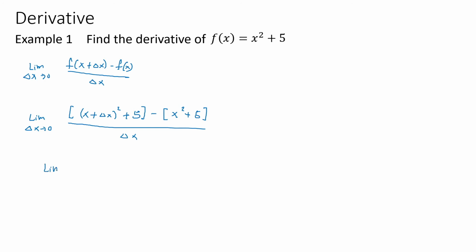So limit as delta x approaches 0 of x squared plus 2 times x times delta x plus delta x squared plus 5 minus x squared minus 5, all over delta x.